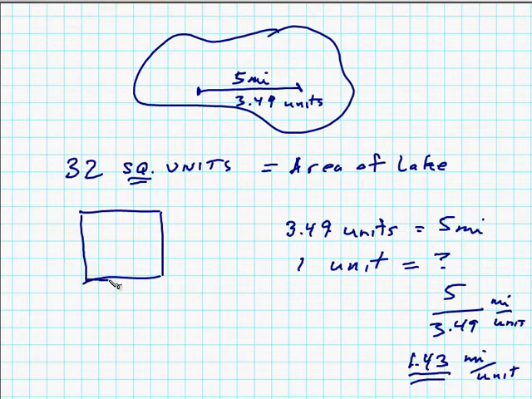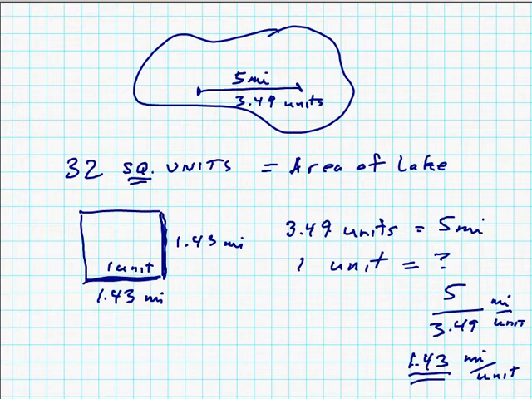Okay, so if 1 unit here is 1.43 miles, and 1 unit here is 1.43 miles, then what's the area of 1 square unit in square miles?